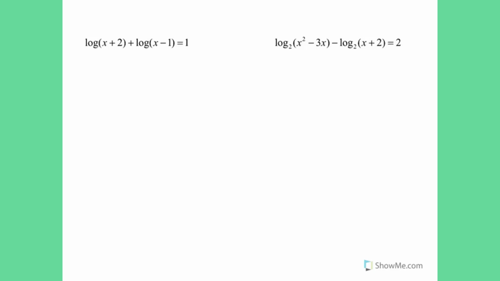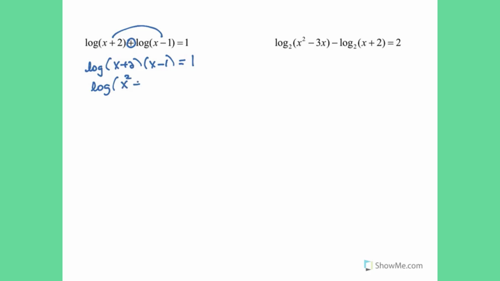Our next two examples are a little bit more complicated. We now have two logarithms, and we need to combine them. So we use our property that says if this is plus, we can multiply those. So we have log of x plus 2 times x minus 1 equals 1. I'm going to go ahead and multiply that out.